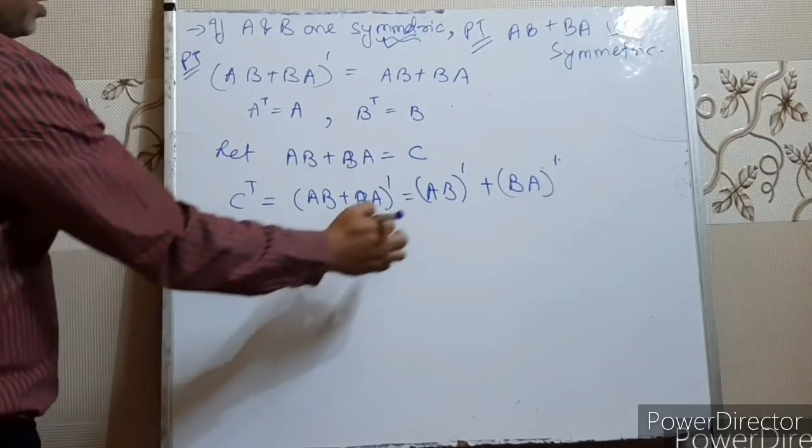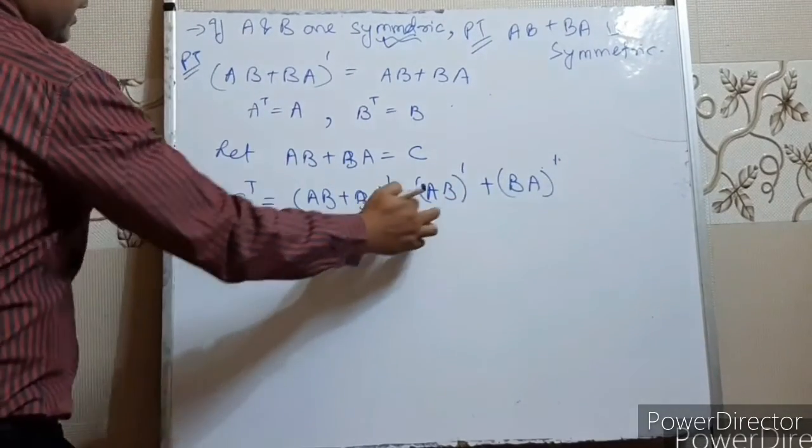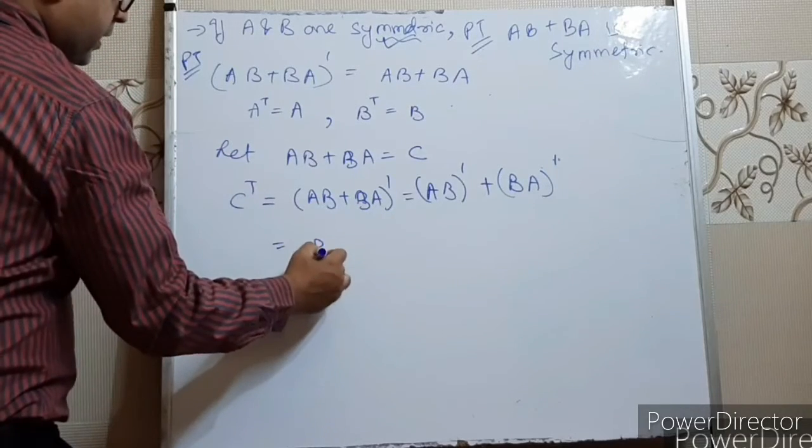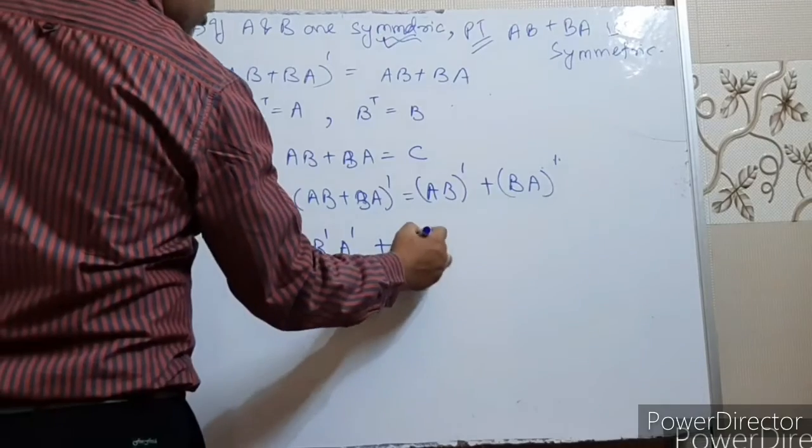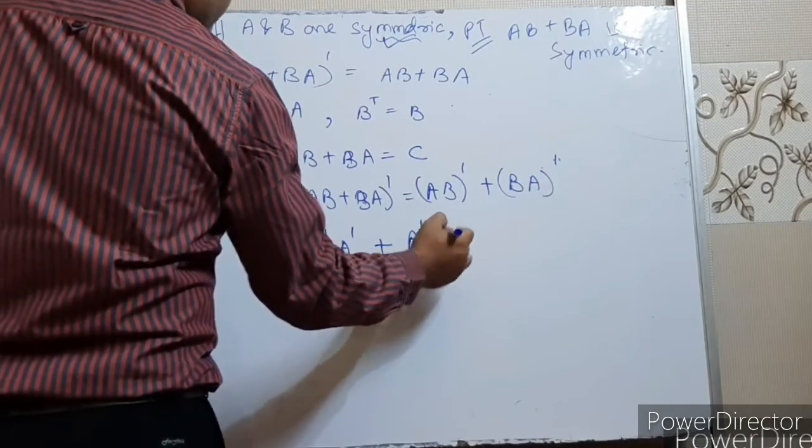So if you apply the reversal law here, what will we get? (AB) transpose will be B transpose into A transpose, plus A transpose into B transpose.